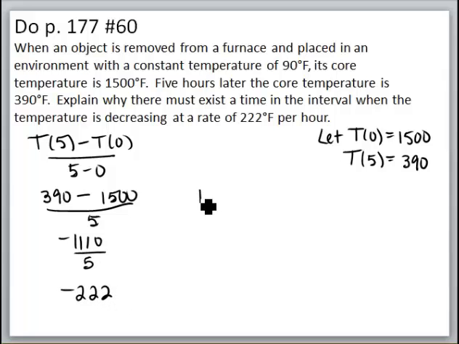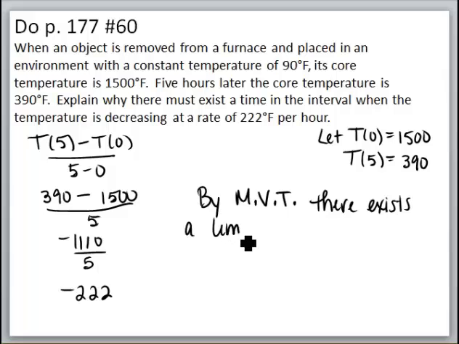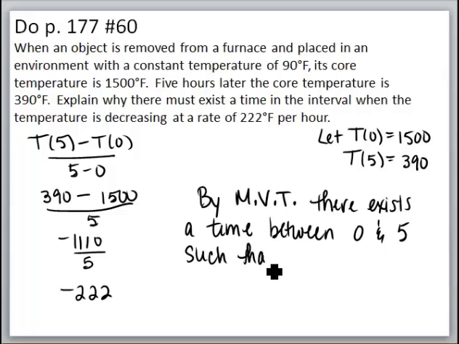So, by mean value theorem, there exists a time between 0 and 5 such that the derivative of that value, we'll call it C. I should probably rewrite this.